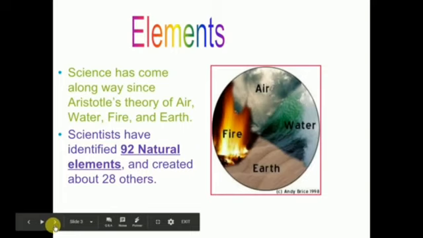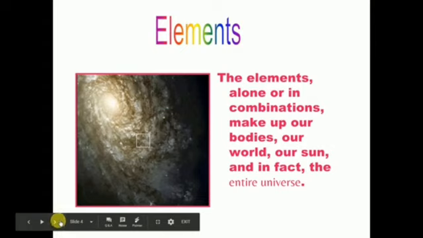We have elements in this periodic table, and science has come a long way since Aristotle's theory of air, water, fire, and earth. The elements alone or in combinations make up our bodies, our world, our sun, and in fact, the entire universe.